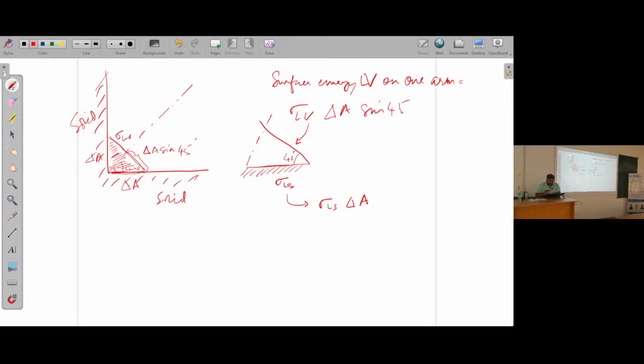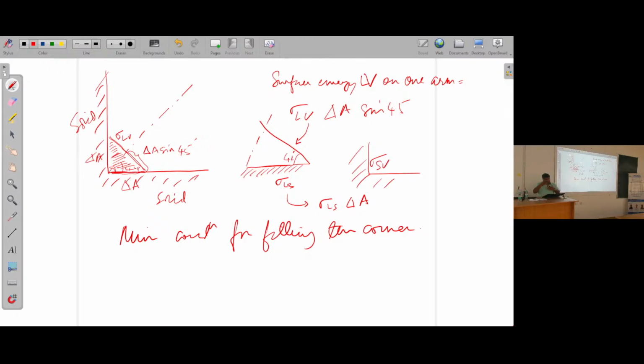So if you want to fill this corner, the minimum condition for filling the corner: if the corner was completely empty, so if it was not filled, the surface energy here is sigma SV. This is the solid vapor surface energy when this is an empty corner.